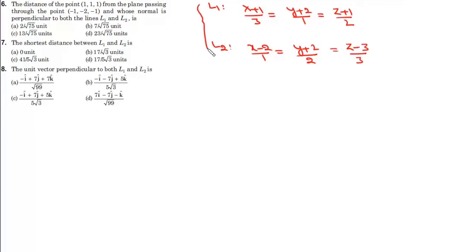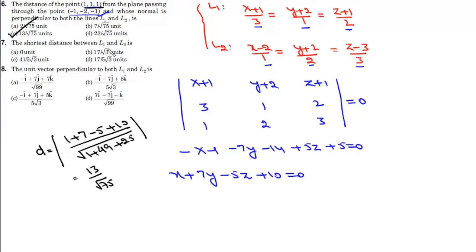So we are given two lines L1 and L2. The next part says find the shortest distance between L1 and L2. For the shortest distance, first we'll find this n, which is B1 cross B2. Since we have already taken B1 and B2, we know that the cross product will be minus i minus 7j plus 5k.